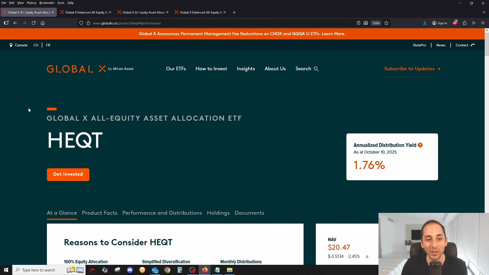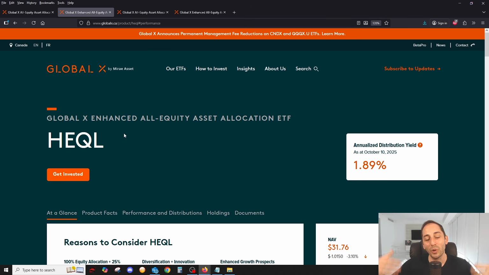Now there's 3 other ones that are also all equity asset allocation ETFs, and you probably already guessed the versions. You have HEQL, which is a 25% leverage version, if you will, of HEQT. So you'll have 25% more risk, more volatility, but potentially more long-term total returns over time.